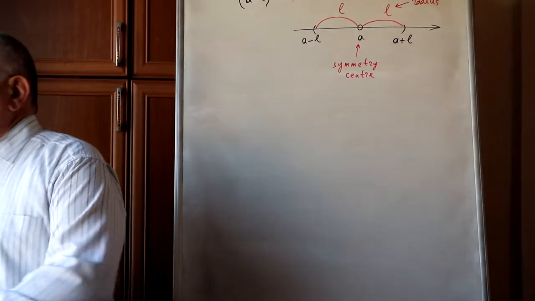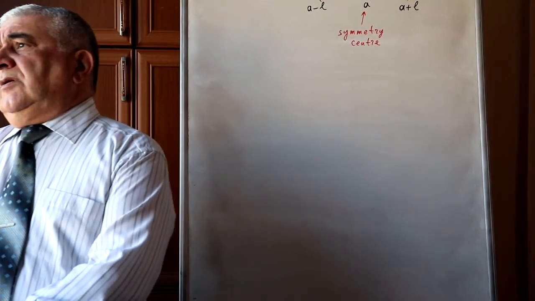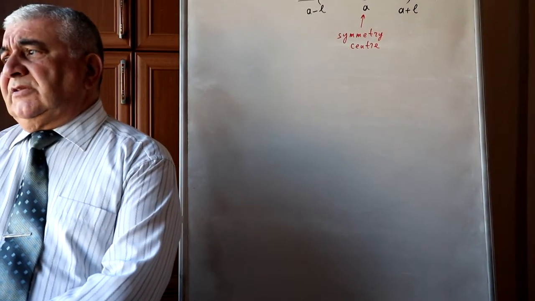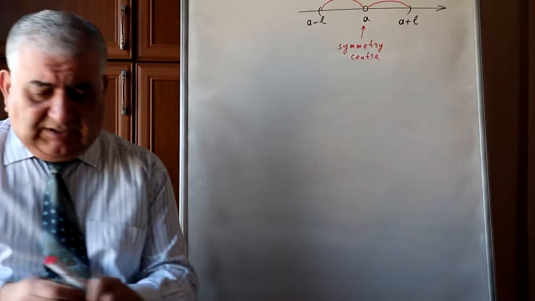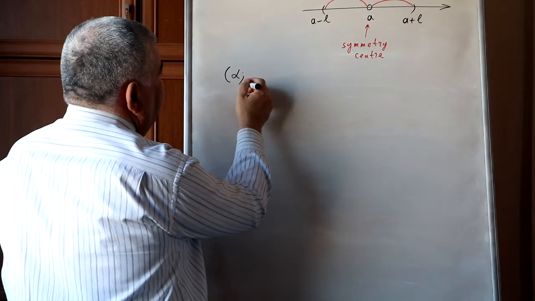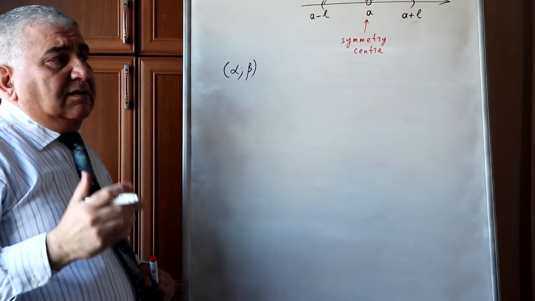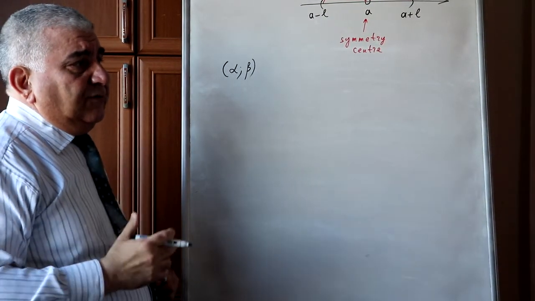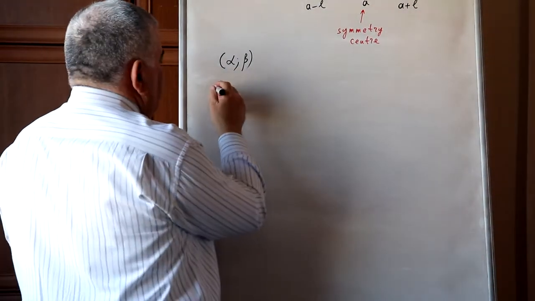Already you know the formula of probability of falling of the continuous random variable with the normal distributive density into the interval alpha beta. And this probability is expressed by means of error integral in the following form.